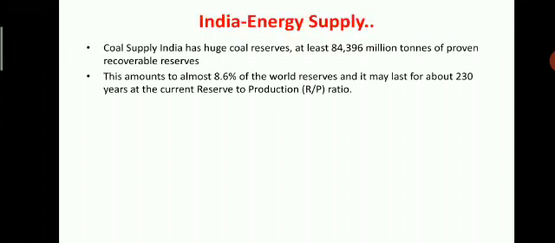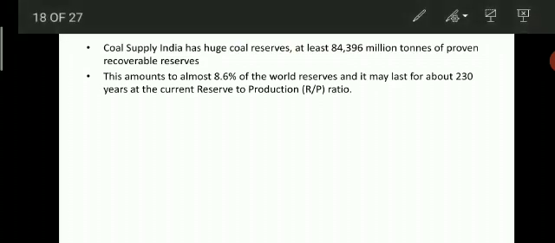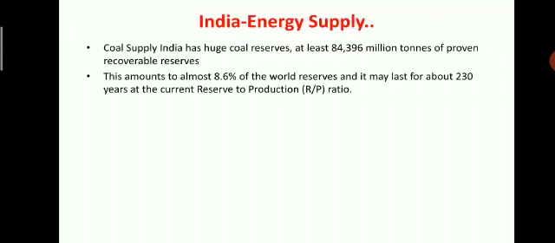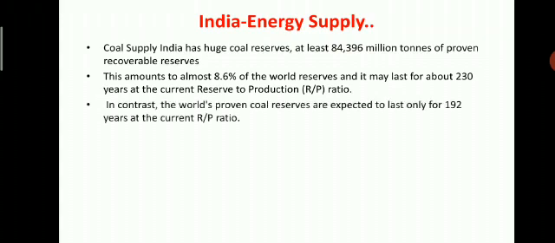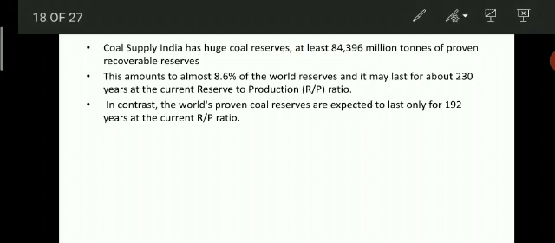What is the RP ratio? Reserve to production ratio. How much is the reserve and how much is the production? That is the ratio. In contrast, the world proven coal reserves are expected to last only for 192 years at the current RP ratio.